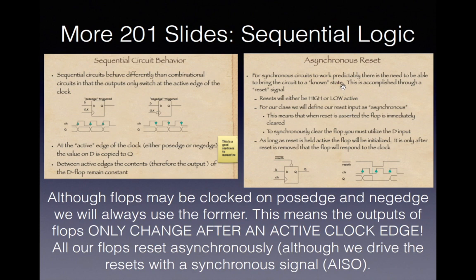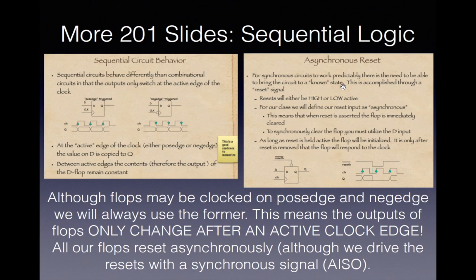On the right, just a word about asynchronous reset. Yes, the AISO circuit that we've defined and built synchronizes the release of reset, but still each of the flops has an asynchronous reset. What that means is whenever the reset is active, Q goes to 0 immediately.